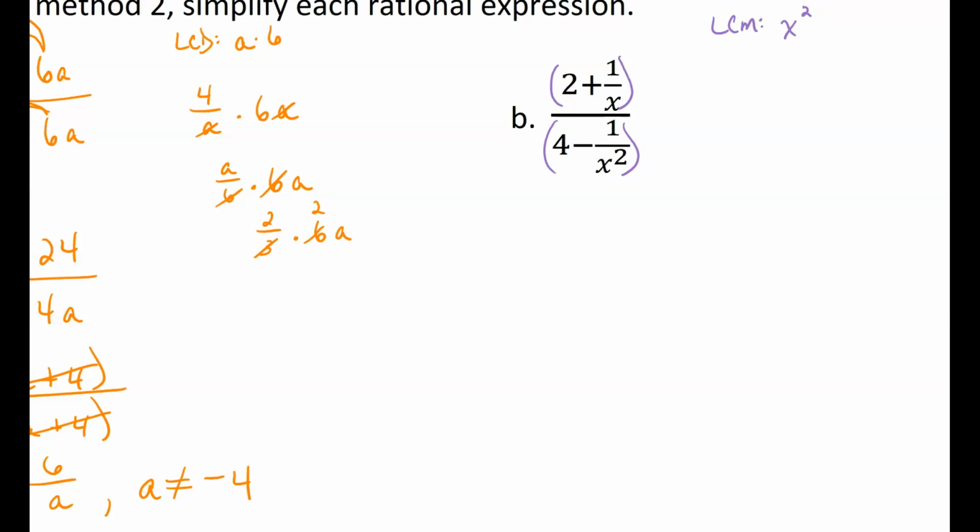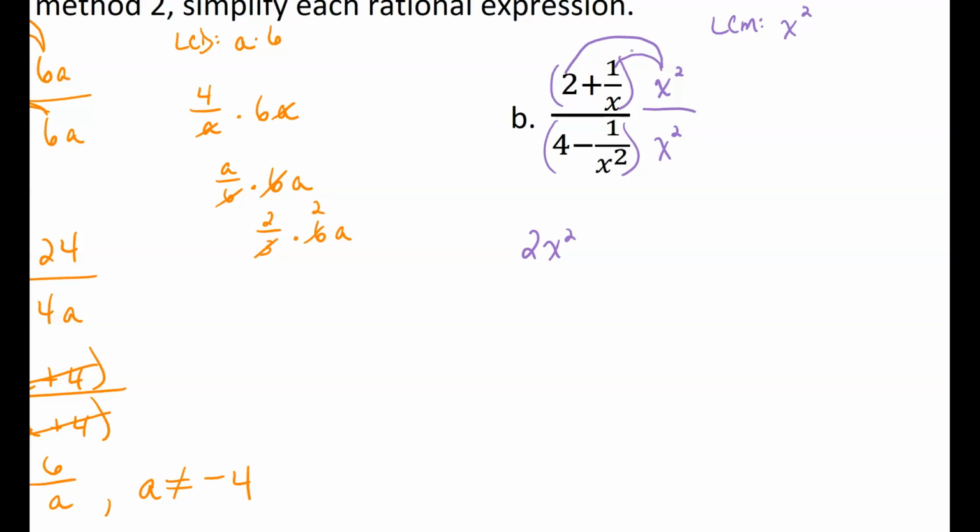Okay. So since it's x squared, I'm going to multiply both the numerator by x squared and the denominator by x squared. And again, it's a matter about being really careful when you start distributing. So now I have 2 times x squared, which is 2x squared. And what happens on that next term? I now have x squared times 1 over x.